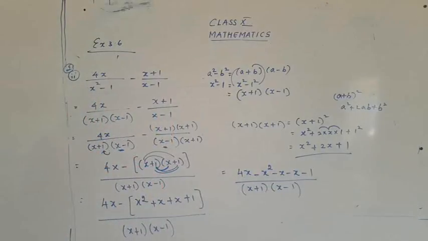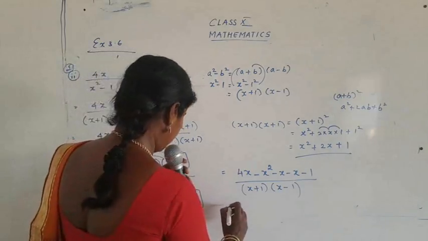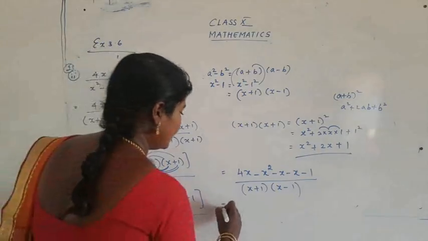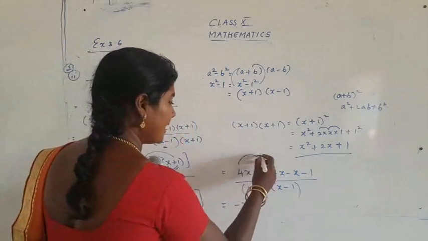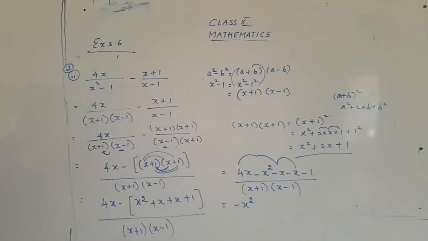Okay, so now we are going to focus on the x square term. Let's focus on the x square term. So what do you get here? I have only one x square term, yes? So I'll take it as it is. So you get here minus x square. 4x minus x minus x. 4 minus 1 minus 1.